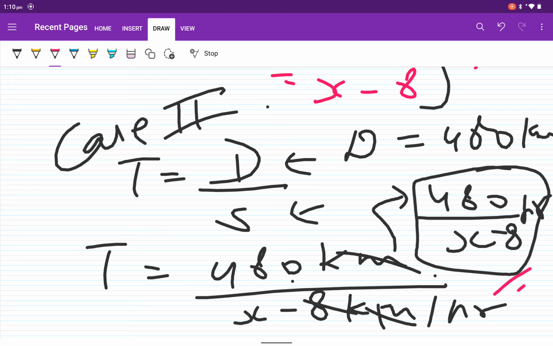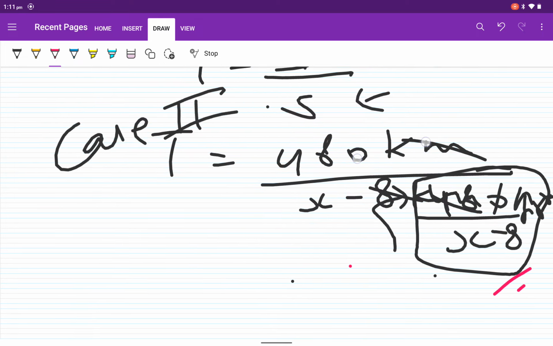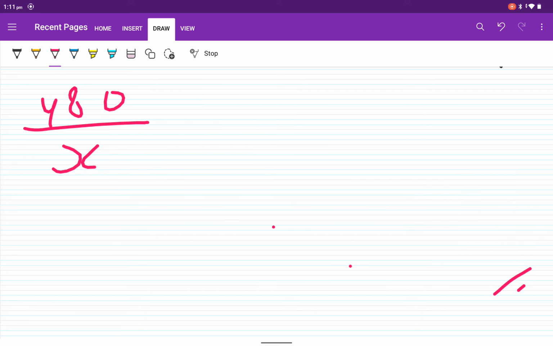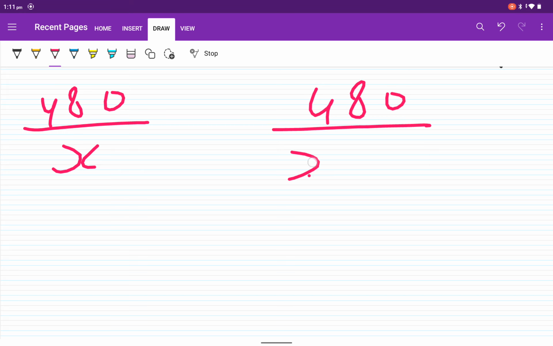Now let's make the equation. In case 1 we are given 480 upon x, and in case 2 we have 480 upon x minus 8. This is case 1, and this is case 2. Now we will simply write the reduced speed.